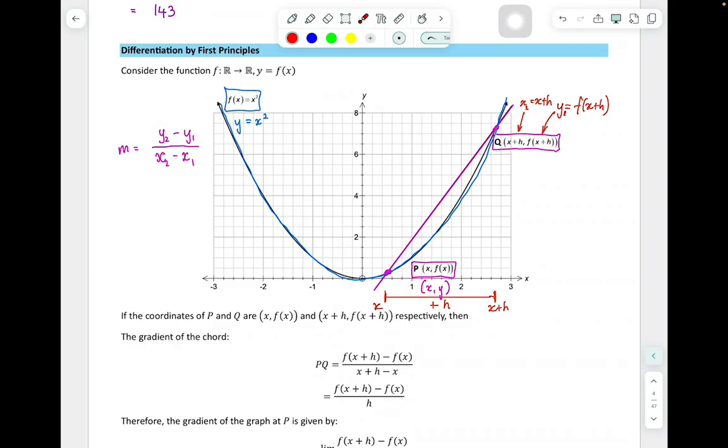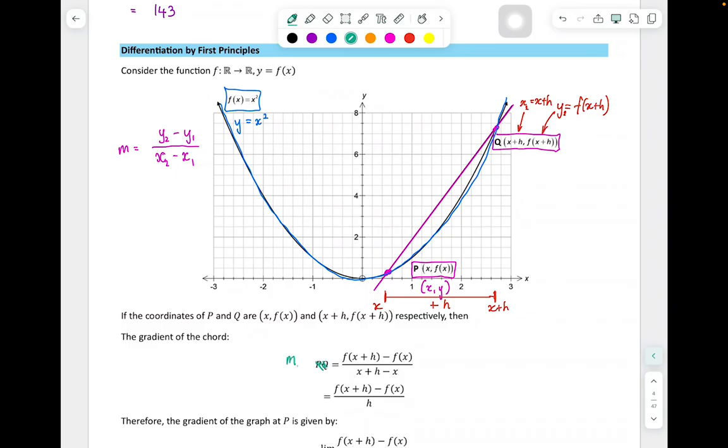We are now going to use these two coordinates to calculate our gradient. So, if the coordinates of P and Q are these two, respectively, then the gradient of the chord PQ, my apologies here, it should be M subscript PQ. I'll make a correction here in the notation.